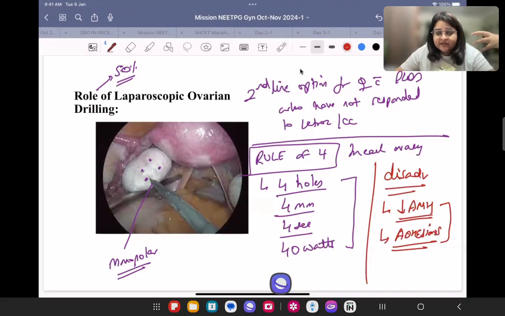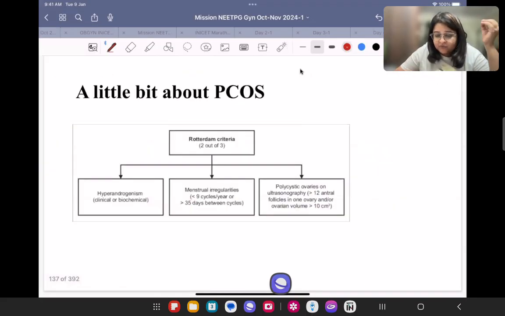Now, since we're discussing anovulation, we'll discuss PCOS also here. A little bit about PCOS. So PCOS, we all know, is a very common problem in girls and women, and it is defined by what is called the Rotterdam criteria. Rotterdam criteria says 2 out of 3 should be present. First is hyperandrogenism.